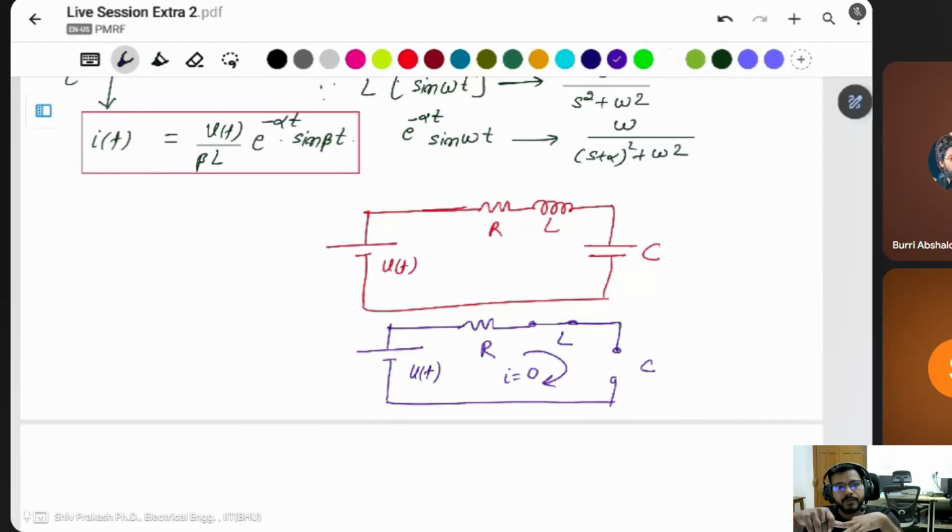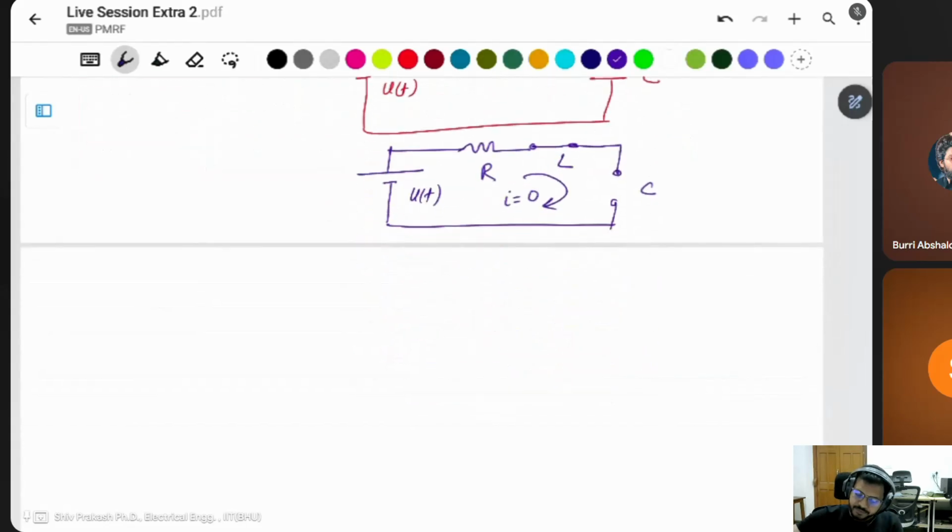Here it is in terms of e to power of minus alpha t. What is the meaning of this? This one is the exponential term. E to power of minus t means this will be decaying in nature. E to power alpha t will look like that.